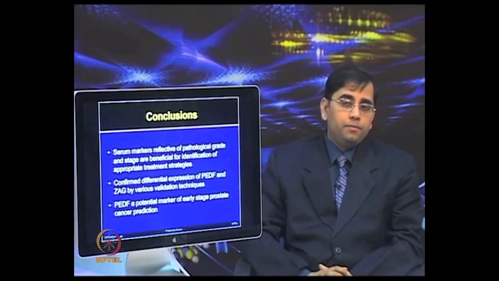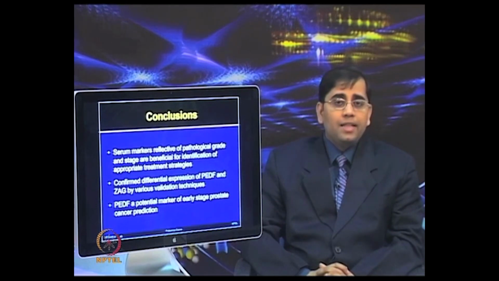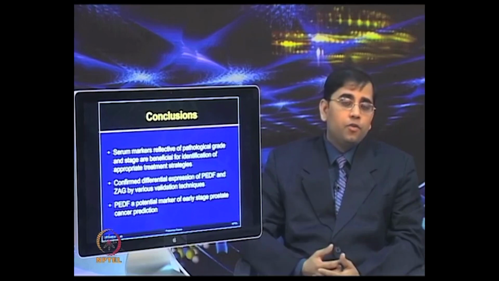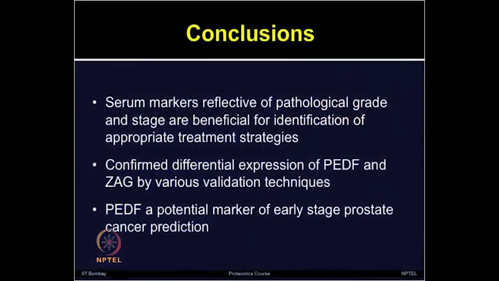So, from this paper, the major conclusions were that serum markers which are reflective of the pathological grade and stage could be beneficial for identifying appropriate treatment strategies. The authors confirmed that differential expression of PEDF and ZAG can be detected using various techniques such as Western blot, ELISA and immunohistochemistry.